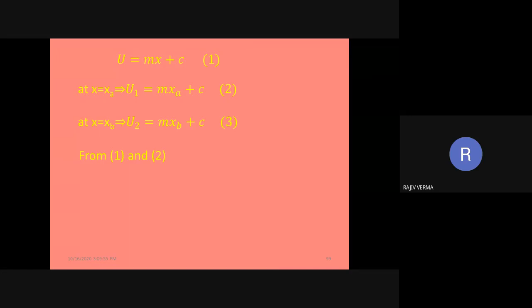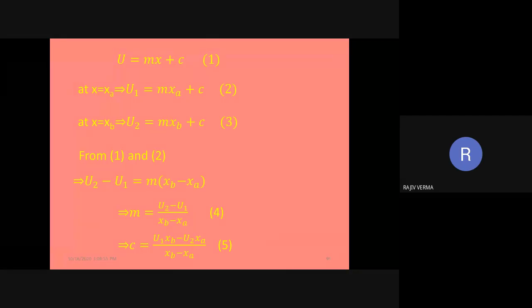So from 2 and 3, we subtract them. That cancels out the parameter c, giving you the value of m written in equation number 4. Similarly, we can get the value of c, which is given in equation number 5.